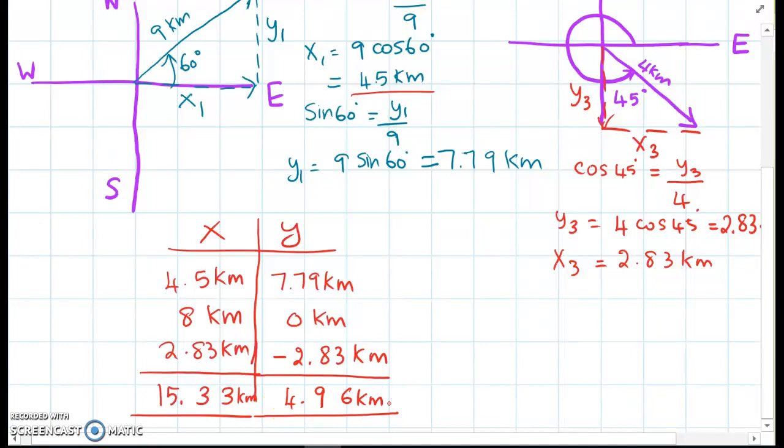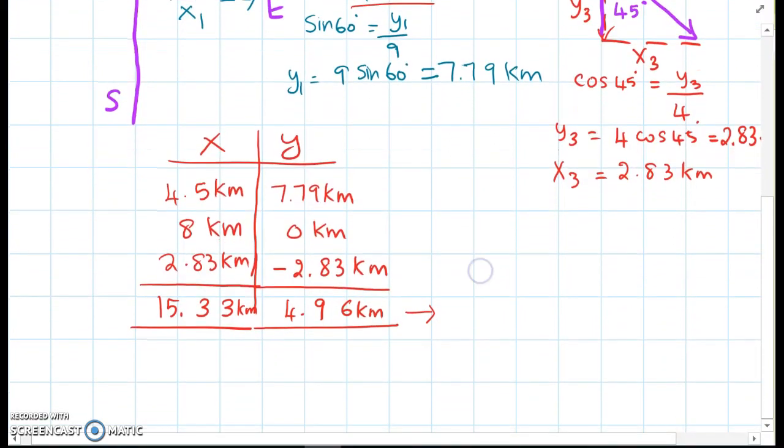So all these three vectors, when added together, essentially have an x component of 15.33 and a y component of 4.96. So we're going to redraw this information into our new triangle: 15.33 in the x direction and 4.96 in the y direction.